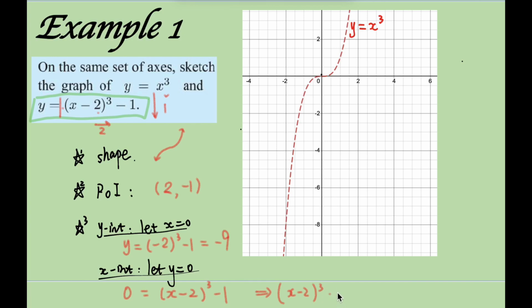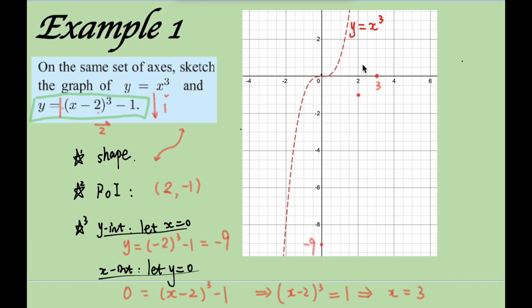So (x minus 2) cubed equals 1, and the x value will be number 3. Okay. Then we are going to represent all the items on the diagram. First, see the point of inflection, and then the x-intercept and y-intercept, which is -9 here.